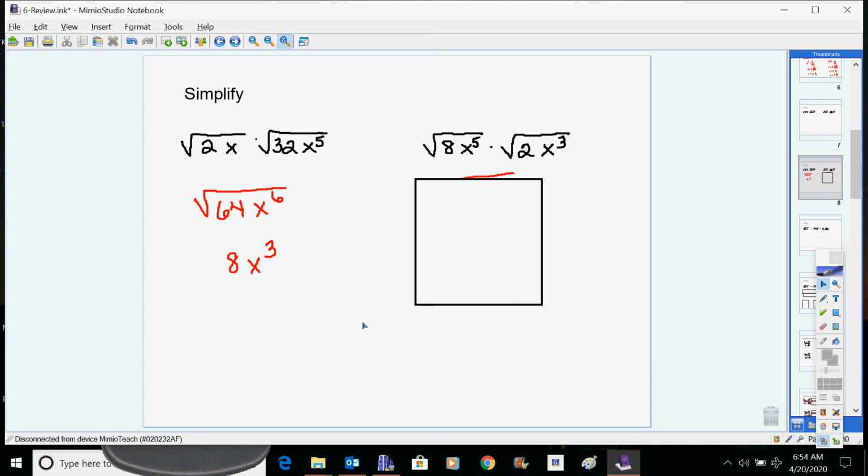Now, some of you might say, but wait, remember you said when you take a square root and you end up with an odd power that there would be absolute value. Well, yes, except for the fact that in our original problem, the x would have to be positive in the first place, or this wouldn't work.